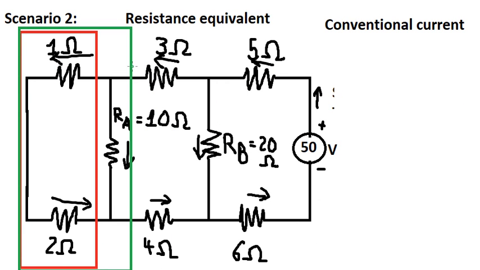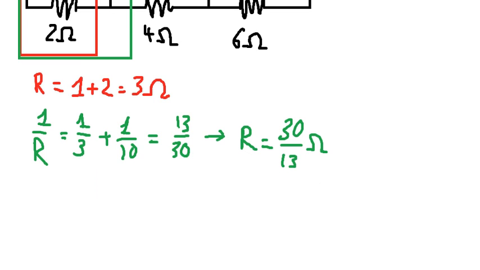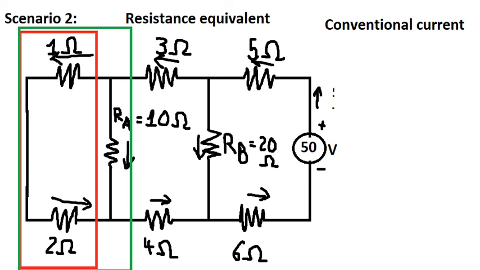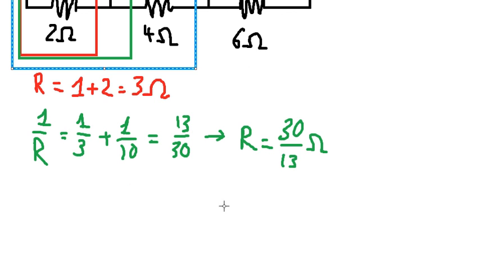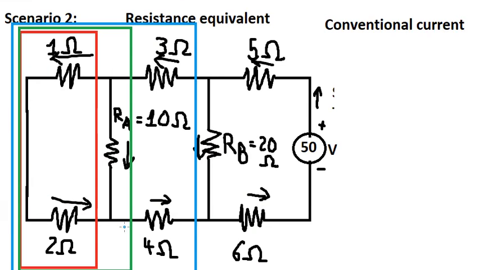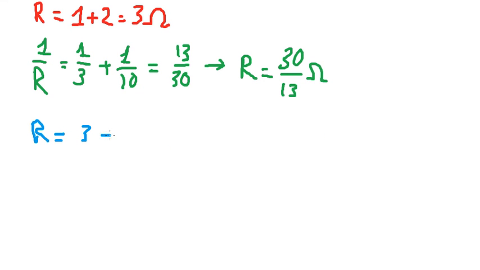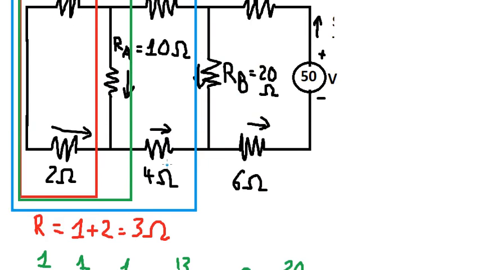About the green, we can see that the 3 ohm, the green and number 4 are in series. So I will highlight the blue color in here. So that should be like this. So we have number 3, 30 over 13, and number 4.